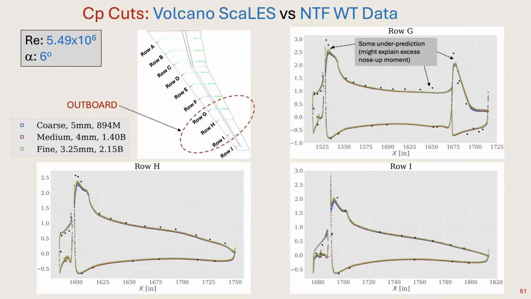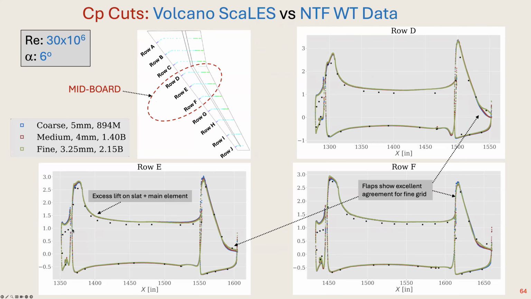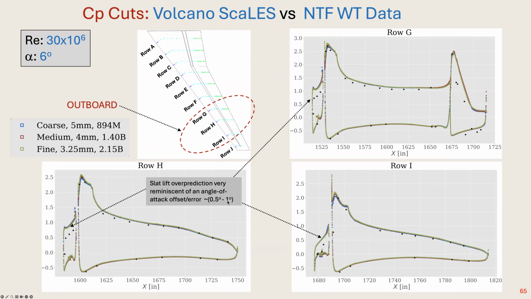Again, at alpha 6 and 30 million, the slat and main element show some difference, and that's again a 0.5 to 1 degree offset in the angle of attack. That's our conclusion for this study, and we have been communicating with the experimentalists. If they do it again, scanning the geometry to see how much it's deformed might be a good thing to do.